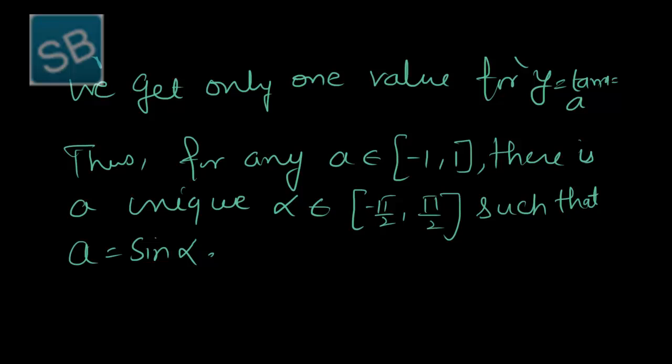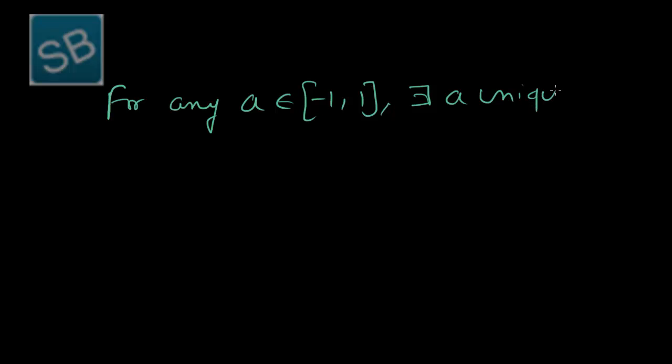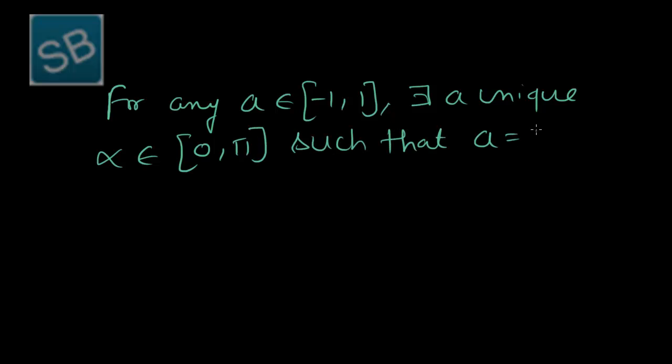And for any A belongs to minus 1 to 1, there exists a unique alpha belongs to 0 to pi such that A is equal to cos alpha.